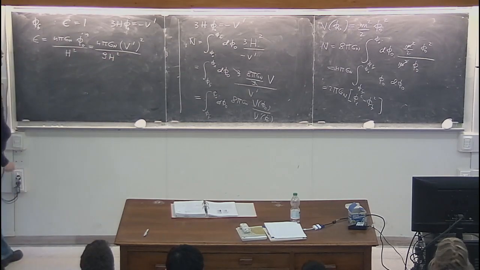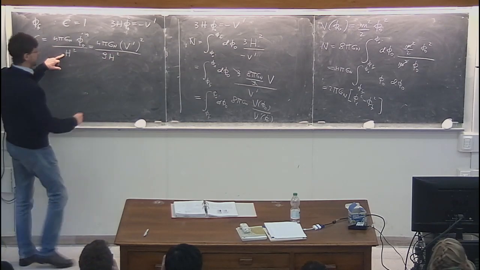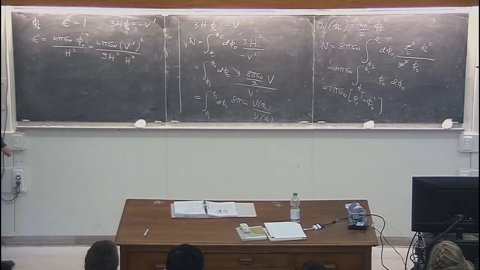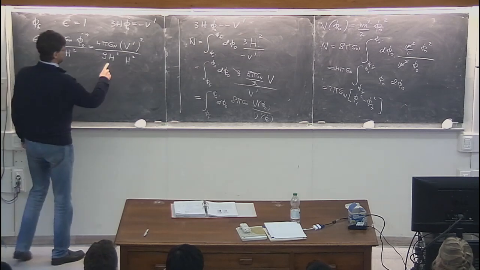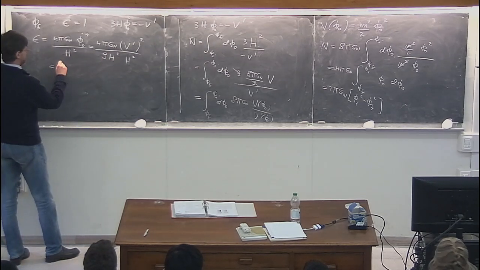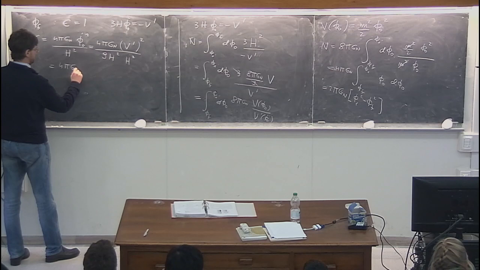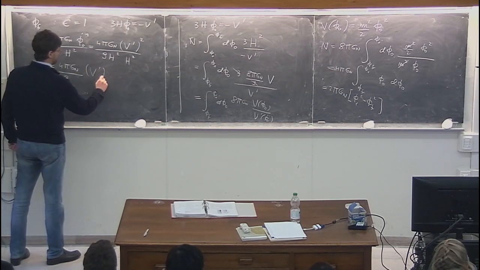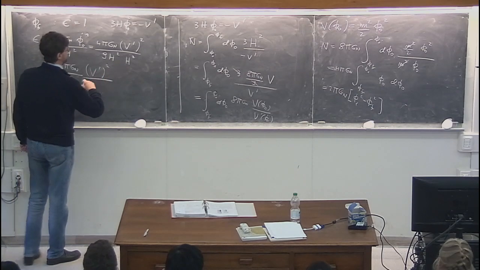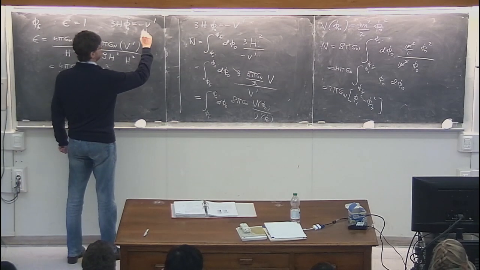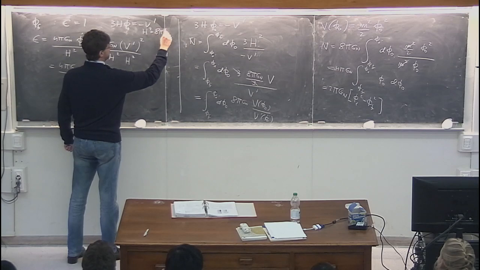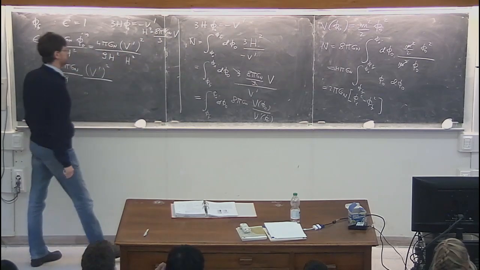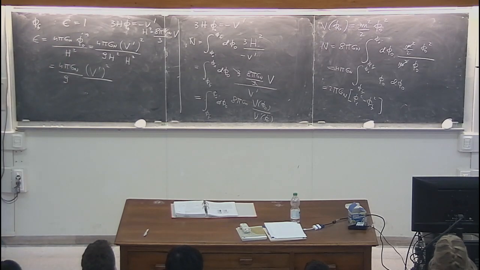Okay? And here I have another h squared. Okay? Alright, so far so good. So then I have 4 pi G Newton divided by 9. I rewrite the V prime squared, and here I use the fact that h squared is equal to 8 pi G Newton divided by 3 times V. Okay?